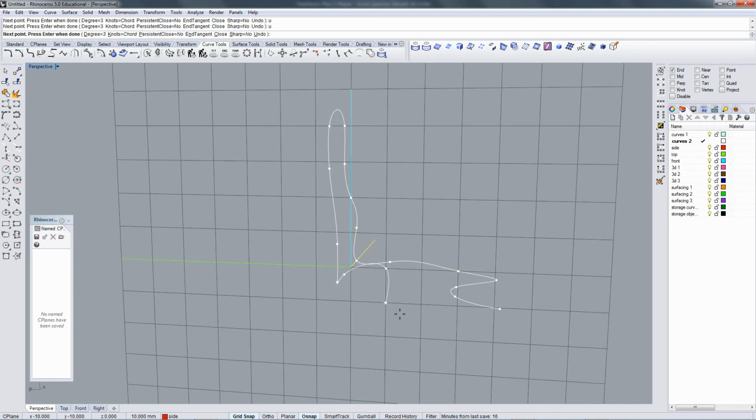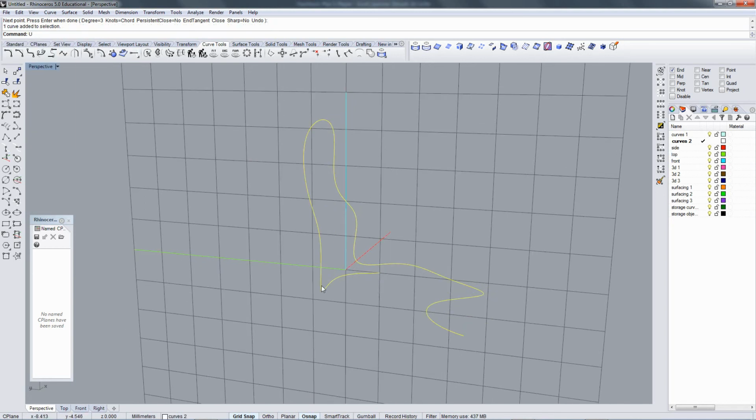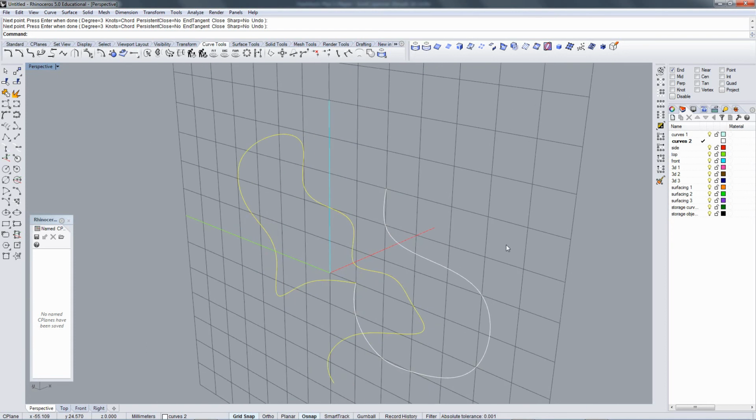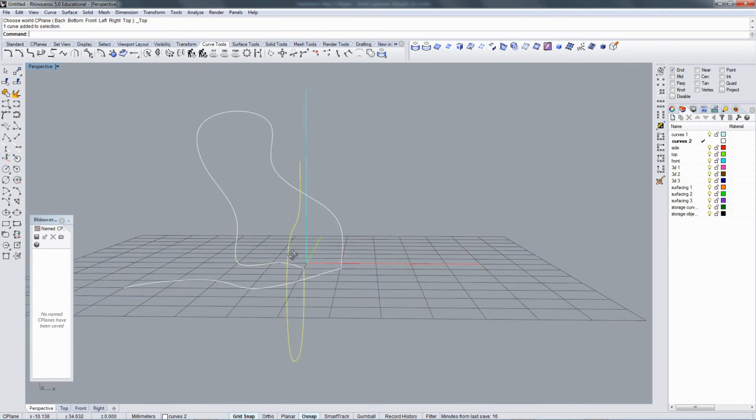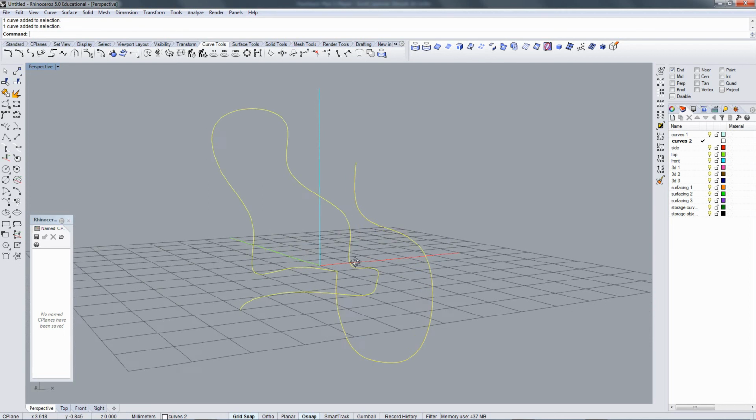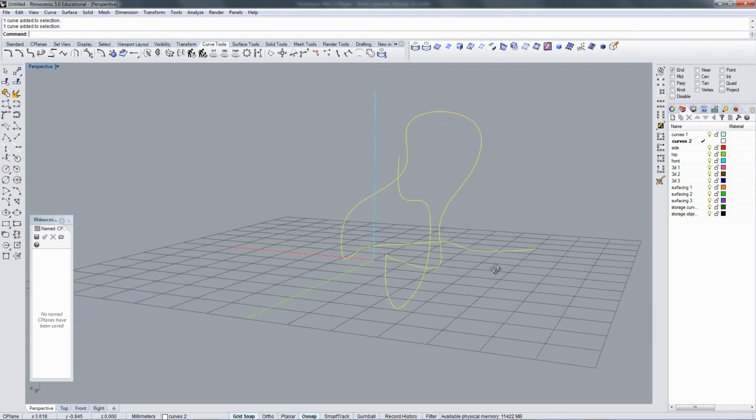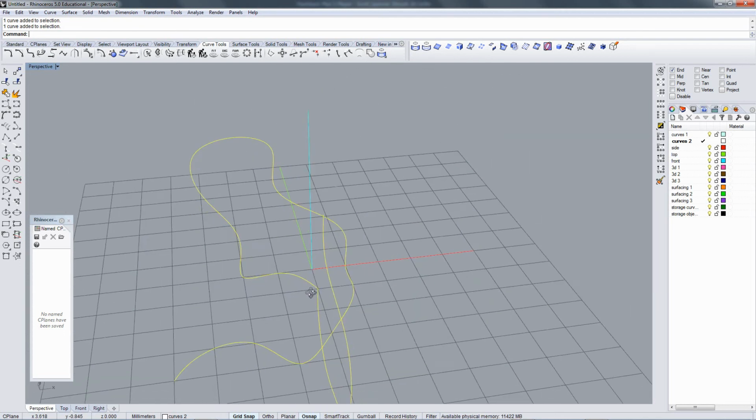And it's going to get confusing if I stay on the top C-plane here. So right C-plane, I'm working in Y and Z. Okay? So that looks like a three-dimensional curve, and it is.